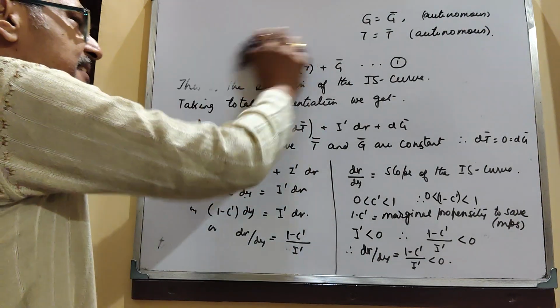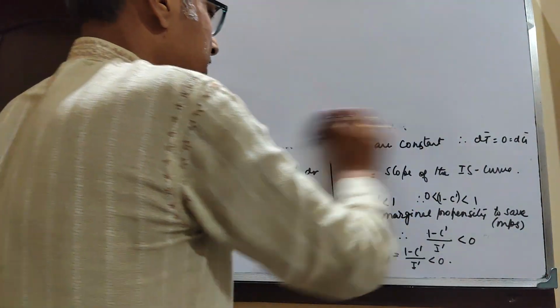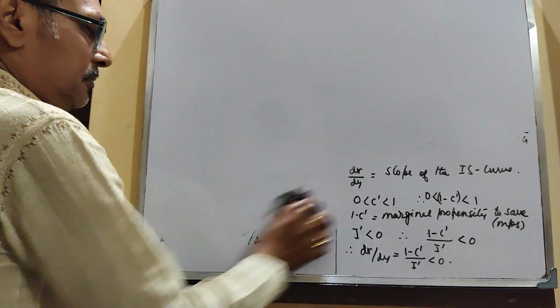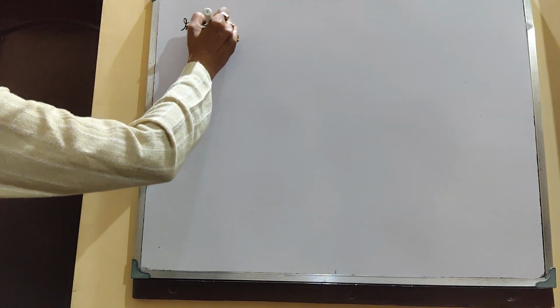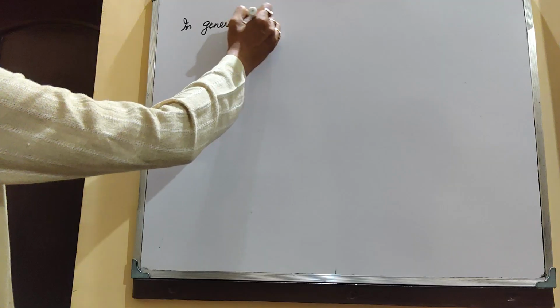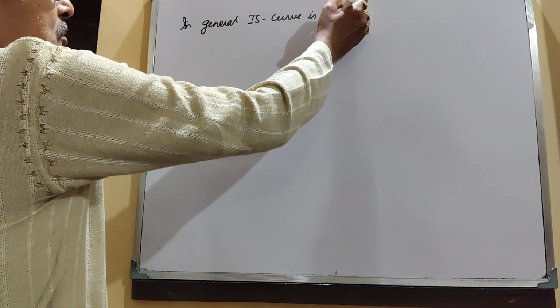In general, the IS curve is downward sloping.